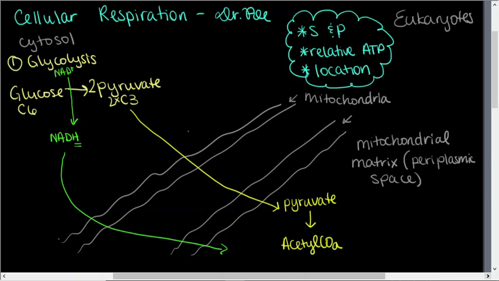When this happens, 1 molecule of CO2 is released, and we also get a molecule of NADH, which we can use here. In fermentation, it was important to oxidize that back. Here, we're going to use it for energy first and then oxidize it back.